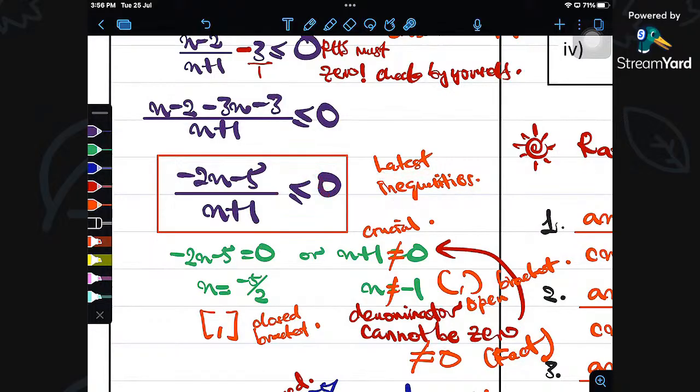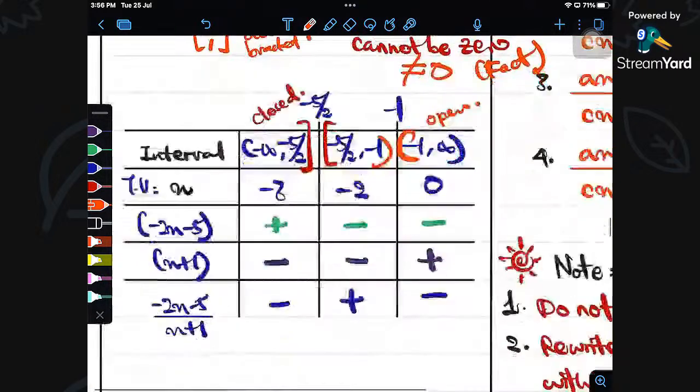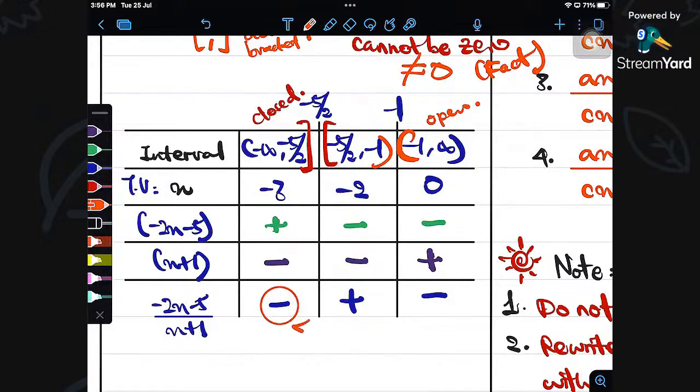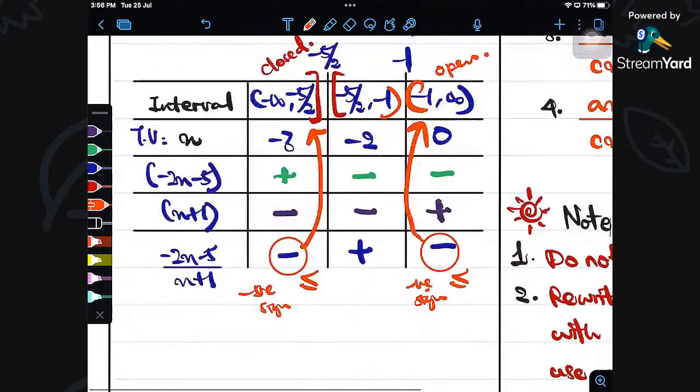What is your latest inequality said? It said that this is a less than or equal sign. So less than or equal sign, you must take negative sign lah. So negative sign mean less than bermaksud negative lah kan? Negative sign. Therefore, your answer is just this and this interval.